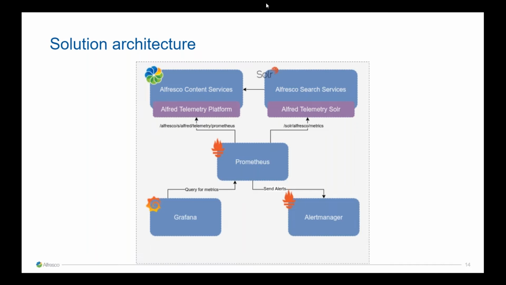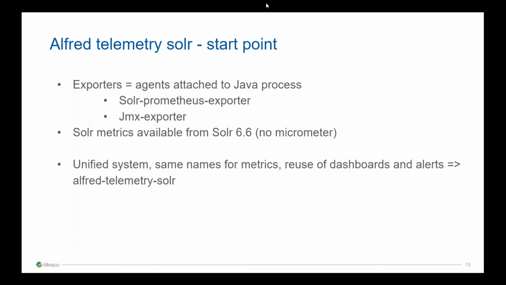Starting with Solr 6, Solr has its own set of metrics implemented, but it's using another framework than Micrometer. These metrics are available to the Prometheus exporter together with, for example, the parsed output of the Solr summary screen or any other REST call.